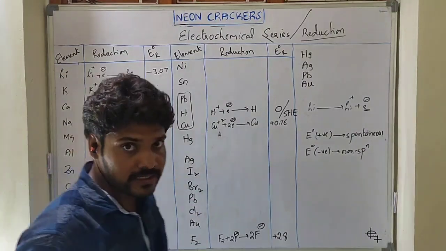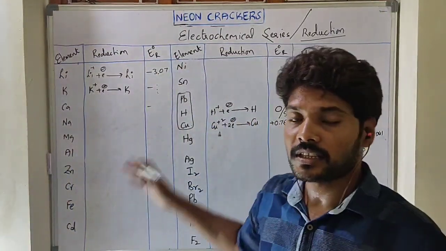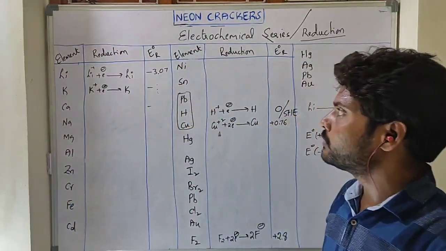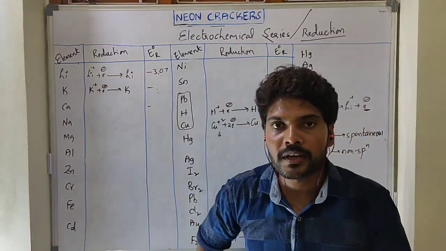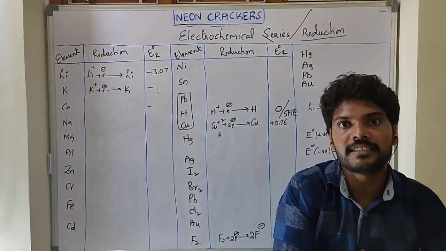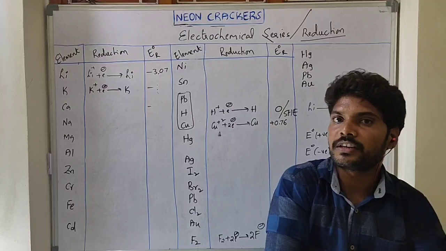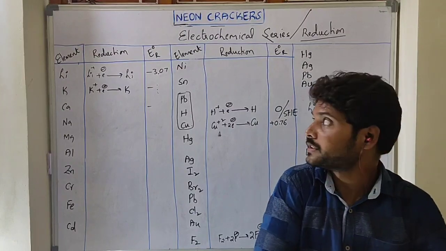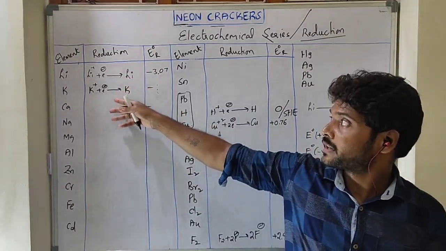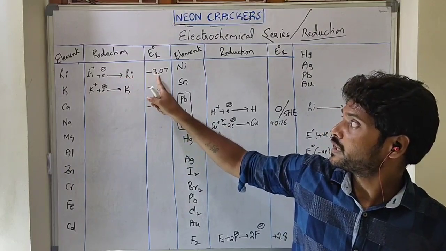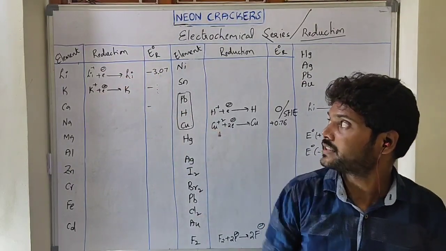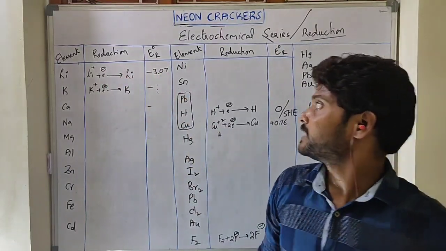So how to find an oxidizing agent or reducing agent based on this electrochemical series? In the overall periodic table, the strongest oxidizing agent is fluorine and the strongest reducing agents are first group A elements. So Li, K, Na, Mg, Zn are first group elements with more negative values, and these are reducing agents. Why is it a reducing agent?